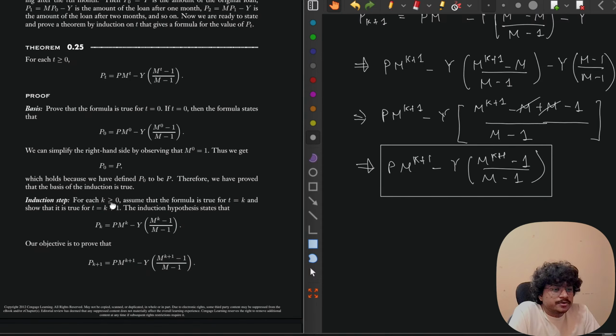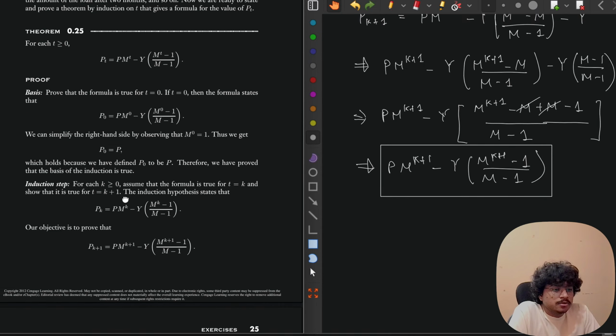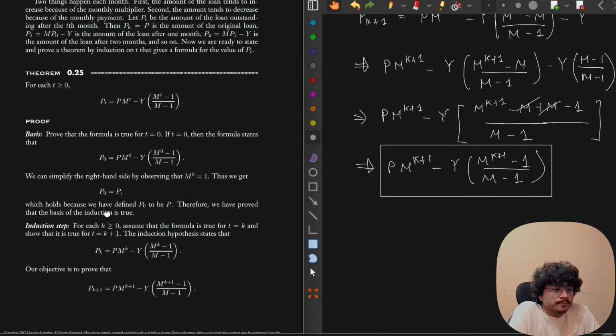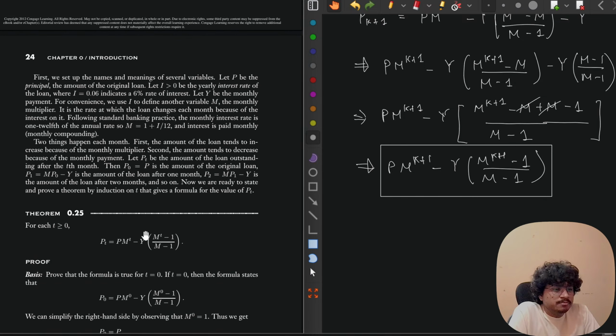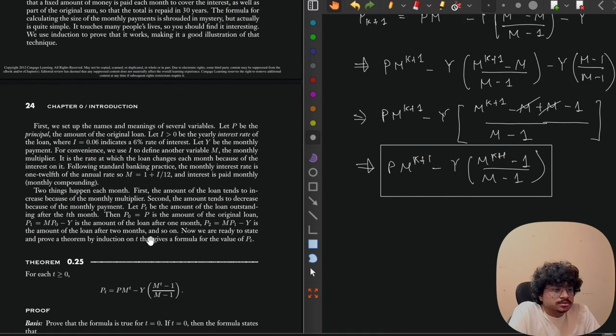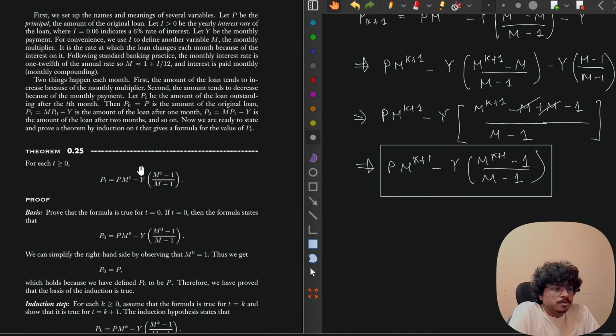The basis of the induction is true, because we have defined P_0 to be P. This theory is important before trying to prove this formula.